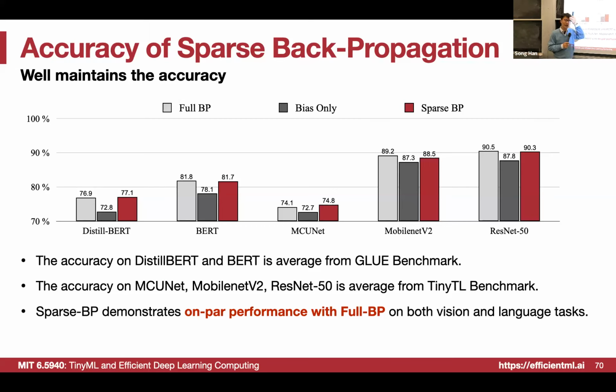By smartly selecting the sublayers, we can overcome the accuracy loss. Very comparable accuracy, sometimes even a little bit better compared with the baseline model. So sparse BP demonstrates on par performance compared with full BP on both vision and language tasks.